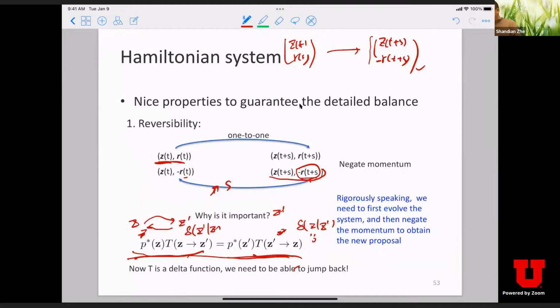Then from here, conditioned on this probability, you go to here. This is a deterministic procedure. If you cannot guarantee that from this state you can go back to this, then this probability or transition current is simply 0. That won't satisfy detailed balance. That's why it's important.